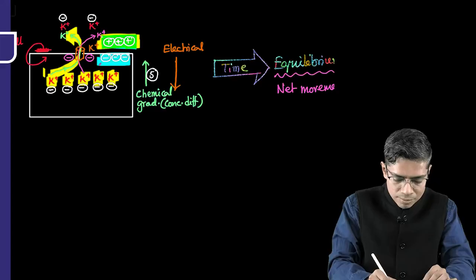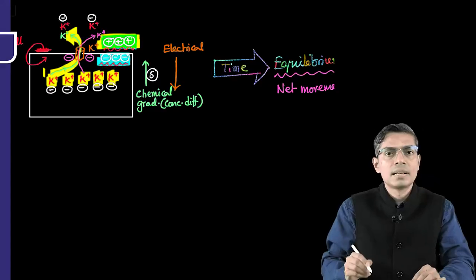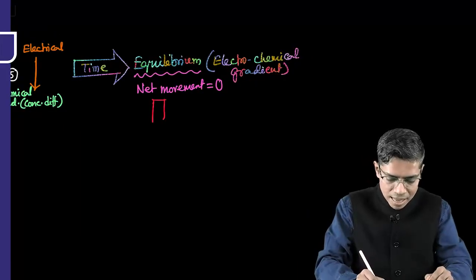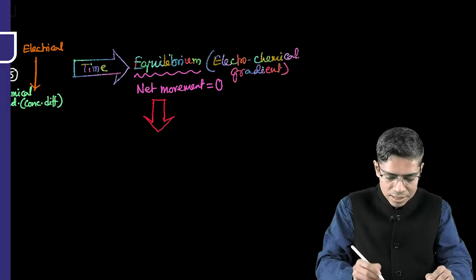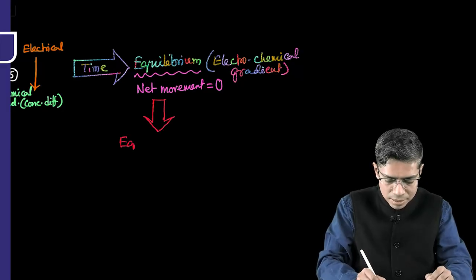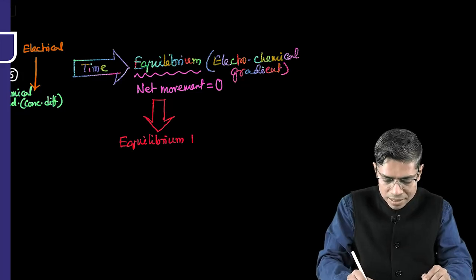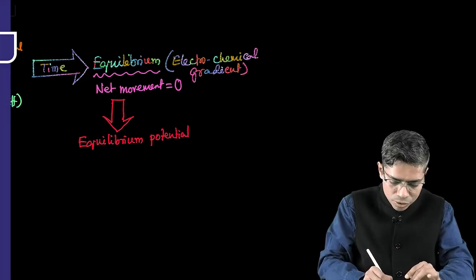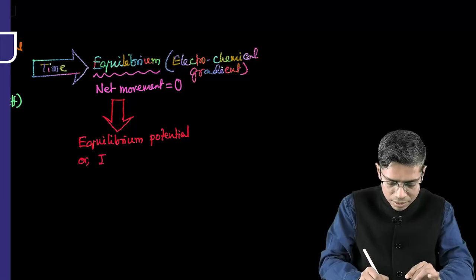I am going to get this voltage difference, and that voltage difference which you are measuring at equilibrium condition of the cell is known as equilibrium potential of the membrane or isoelectric potential of the cell.